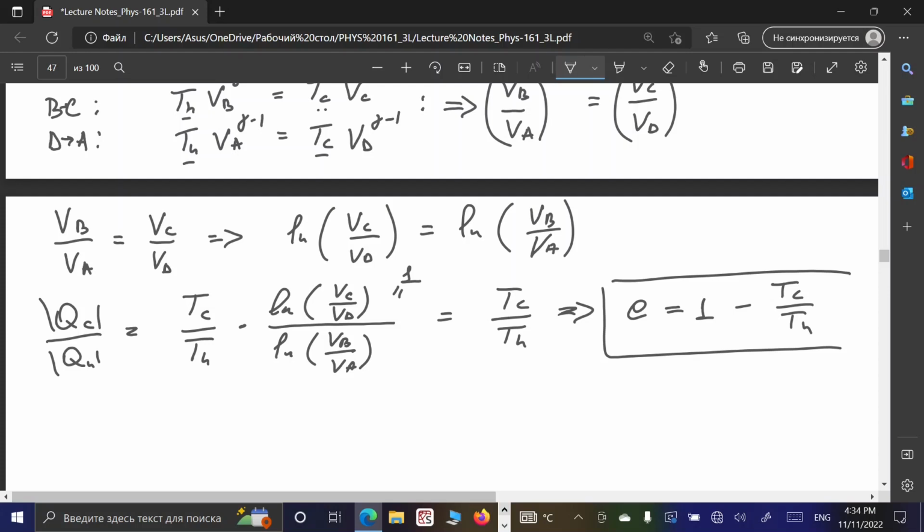And what do you think they consider for the high temperature reservoir in this particular case? The Sun, the temperature of the surface of the Sun, which is considered to be about 5,500 up to 6,000 degrees Celsius.